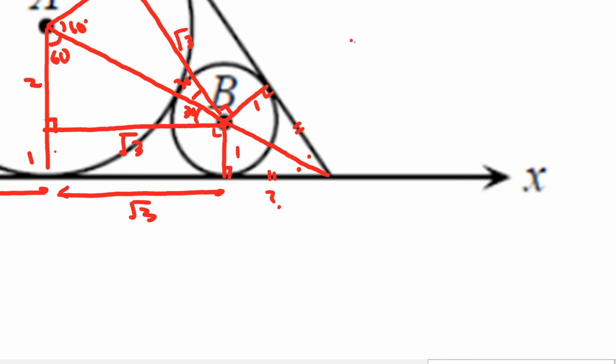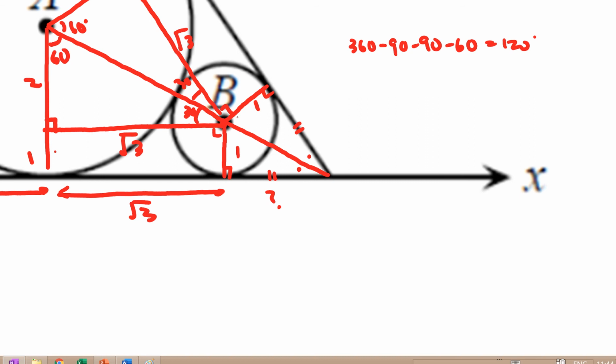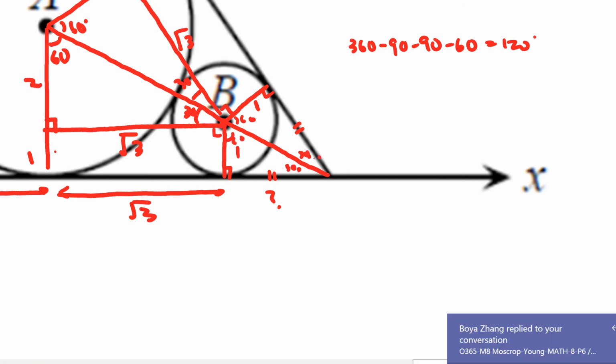So you go 360 minus 90 minus 90 minus 60. That means that between these two, the only thing that's left is 120 degrees. And can you see how this triangle and that triangle are actually congruent? They're the same thing. So that means that this is 60, this is 60. And that means these little ones over here are 30 each. So altogether, you know that this angle here is 60 degrees.